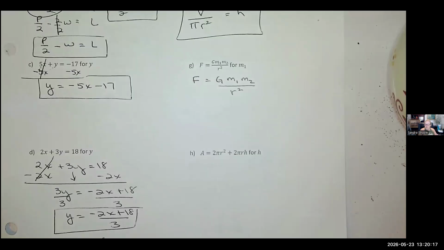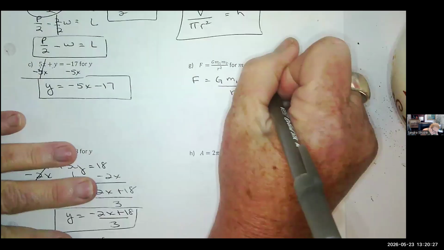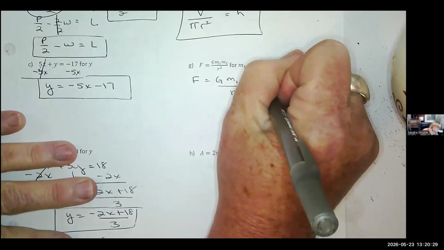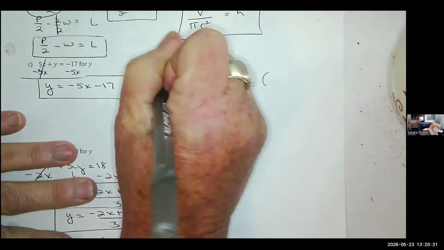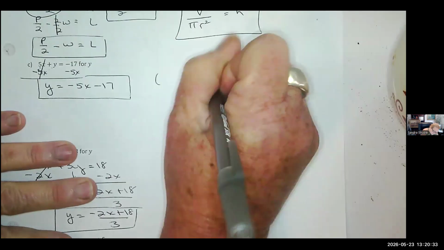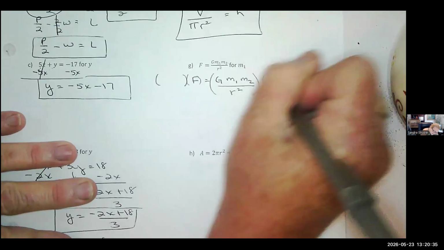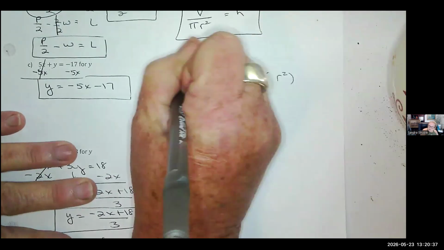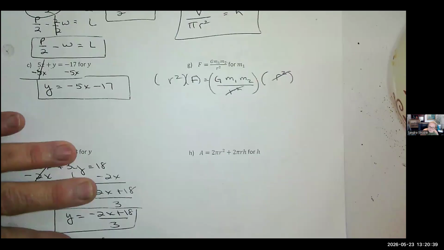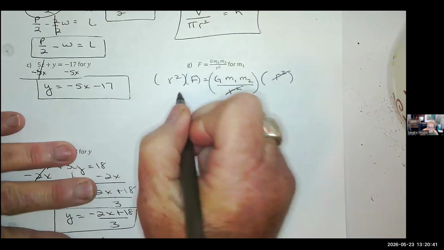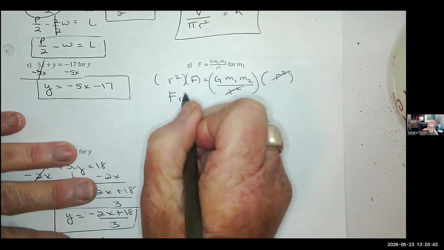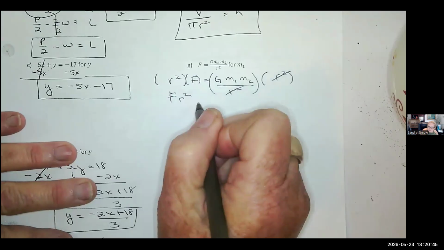Again, I'm not going to use the words cross multiplication because students tend to get messed up on when they can use that. So I'm going to just multiply both sides of the equal sign by r squared. It goes away here, and we're left with it over here. So this becomes F r squared, or r squared F, either way, equals G m sub 1, m sub 2.